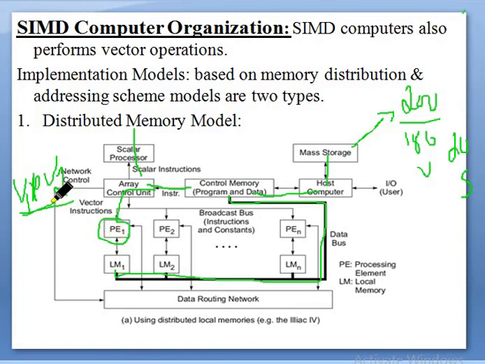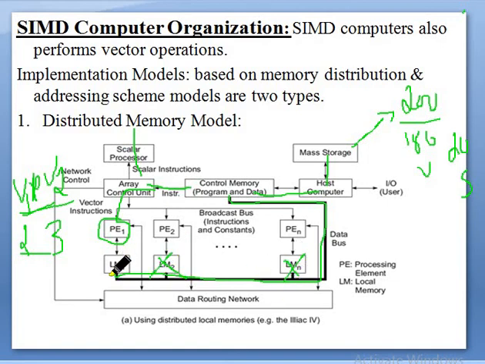Say P1 is to execute v1 v2. P1 accepts the work, but to perform the operation it should have values: what is the magnitude of v1, what is the magnitude of v2. That is done directly by this. And remember, the same data is not shared with any of the local memories.